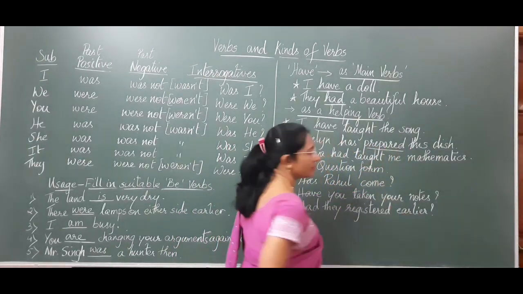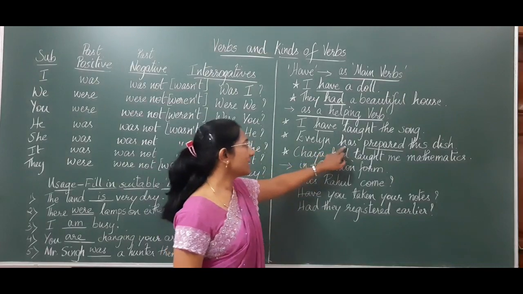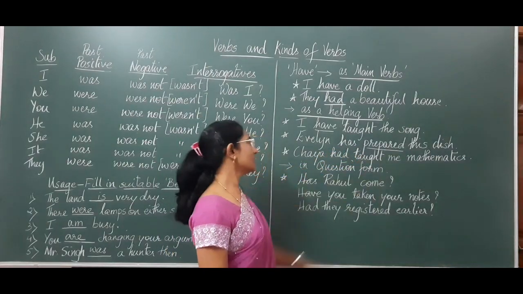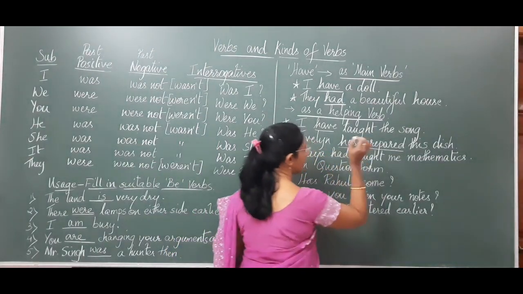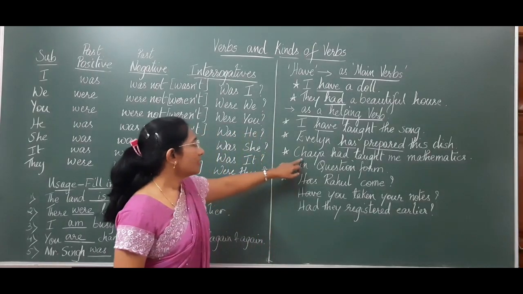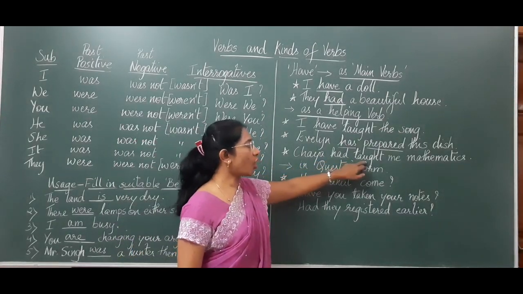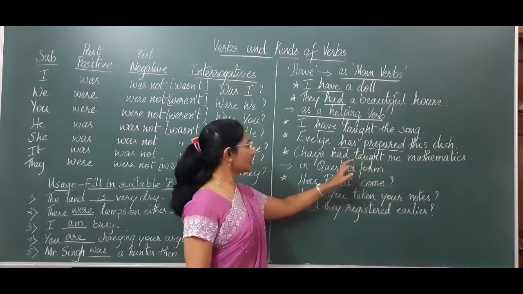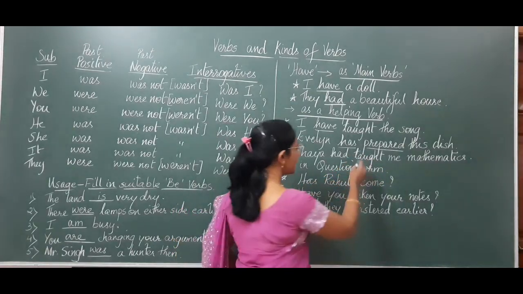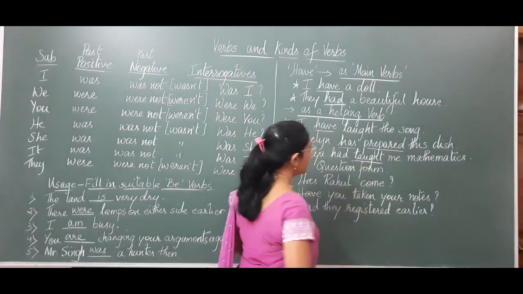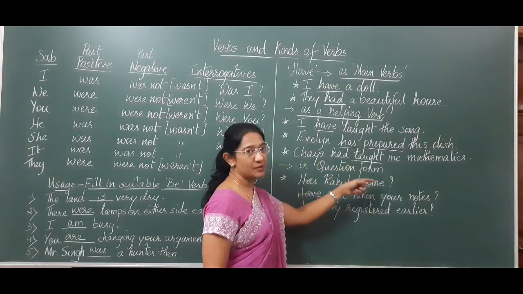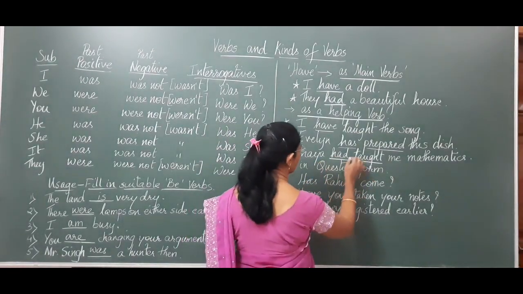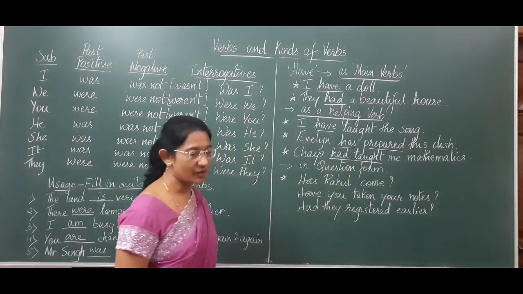Prepared denotes verb in past tense, and has helps the main verb. Has becomes a helping verb. Chaya had taught me mathematics. So taught is a past main verb and had helps the main verb.